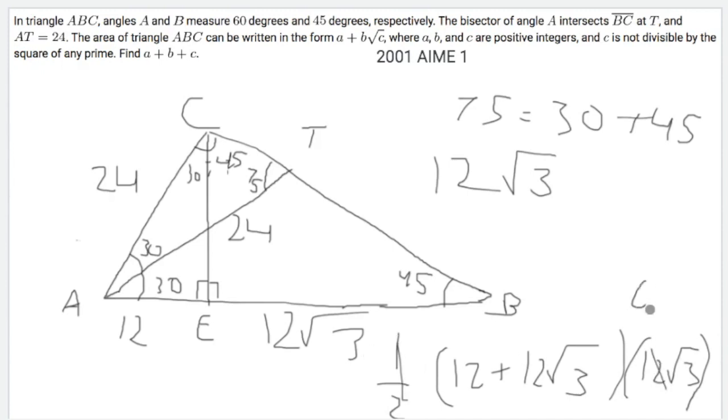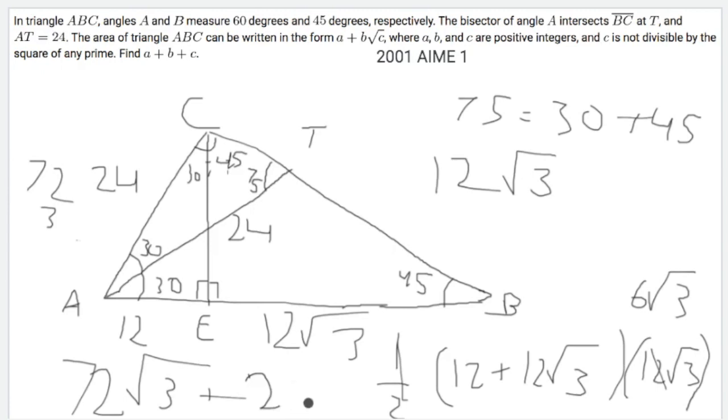And now it's just some multiplication left. 12 times 6, 72. 72 times the square root of 3 plus 12 times 6, 72 times 3 times square root of 3 times square root of 3, which is 3. So you get 72 times 3, which is just 216. And this is the area of the triangle.